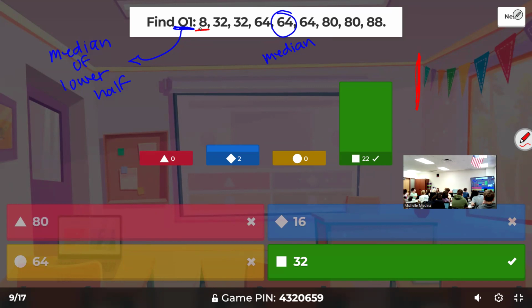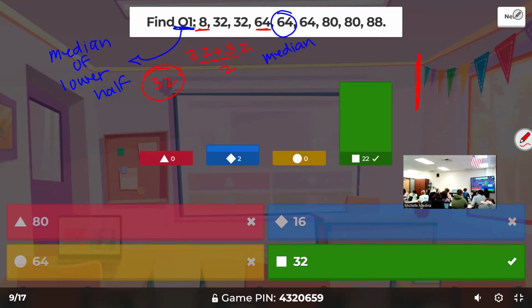Just go left, right. I have two numbers in the middle, so average them: 32 plus 32, and then divide by 2 gives me 32. If you take the average of the same numbers, it's just going to be that number. So you can do the math too. Any questions?